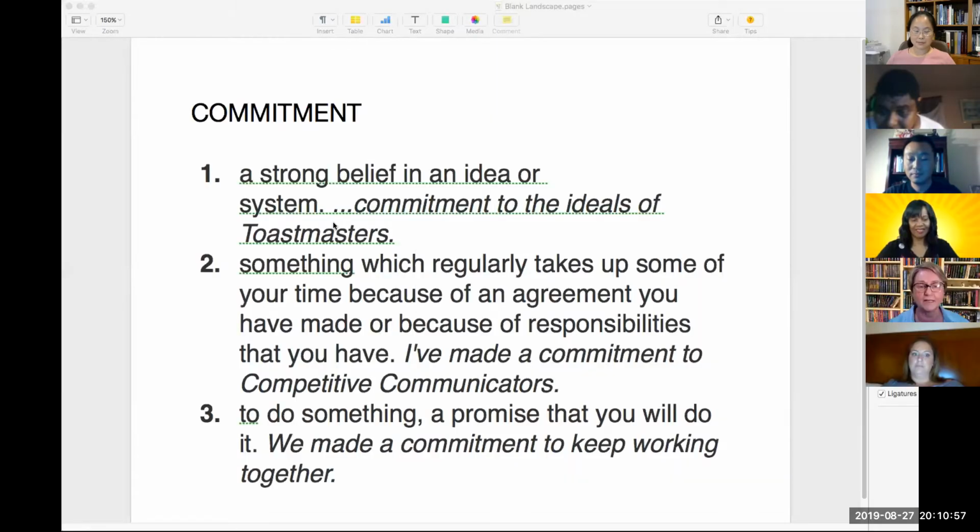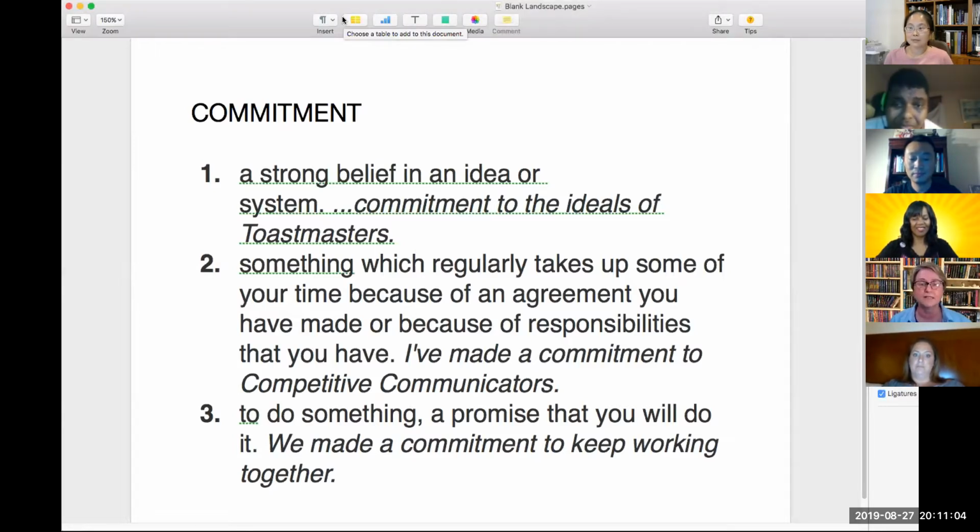So the word of the day today is commitment, which can be a strong belief in an idea or a system, such as commitment to the ideals of Toastmasters. It can be something which regularly takes up some of your time because of an agreement you've made or because of responsibilities that you have. For example, I've made a commitment to competitive communicators. Try saying that one 3 times fast.